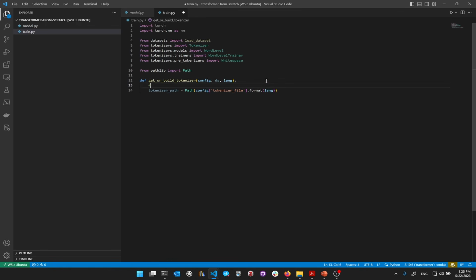So for example, we can have something like this, and given the language, it will create a tokenizer English or tokenizer Italian, for example.